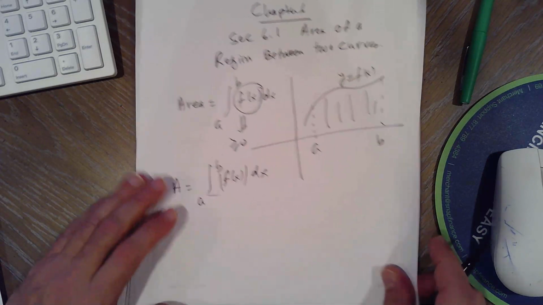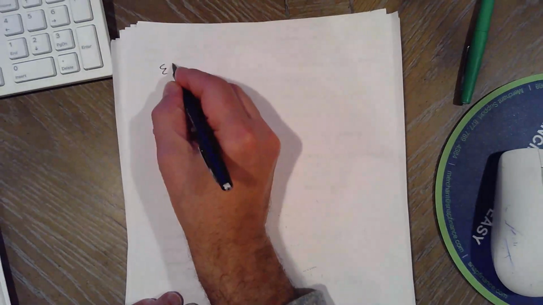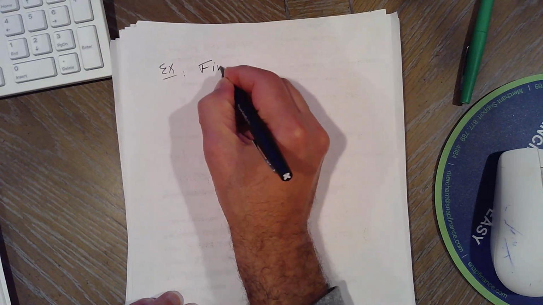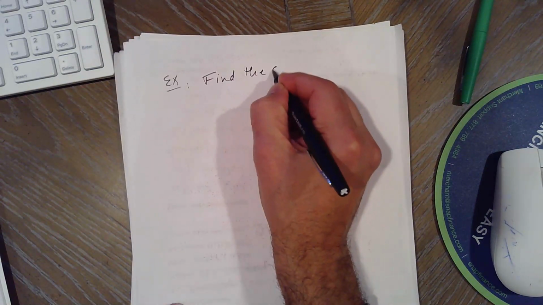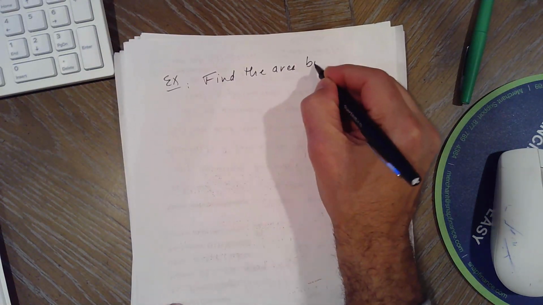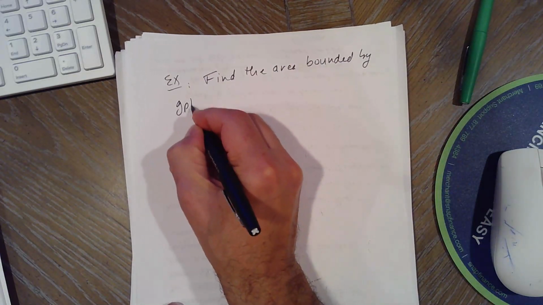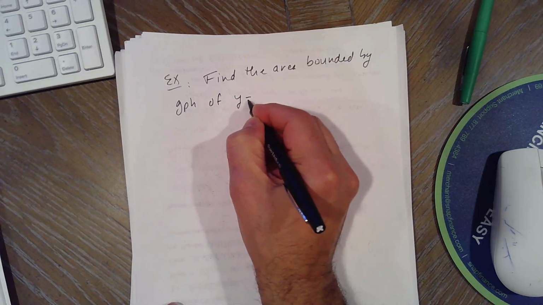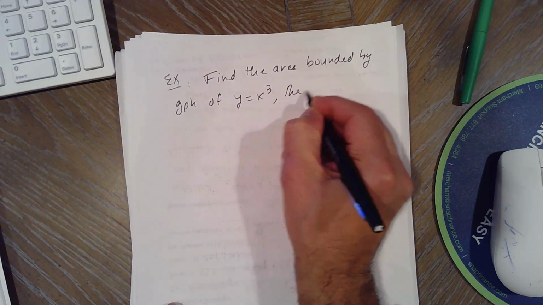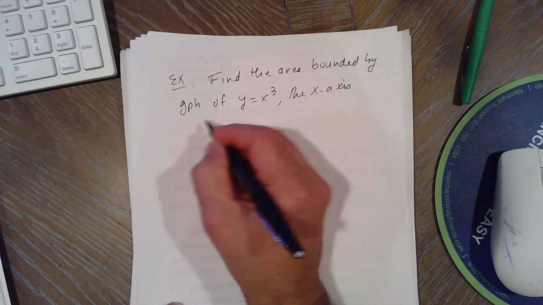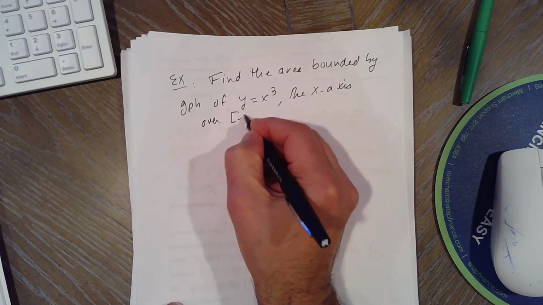Okay, so just to remind you, here's an example. How do we find the area bounded by the graph of y equals x cubed, the x-axis, over the interval between -2 and 1?